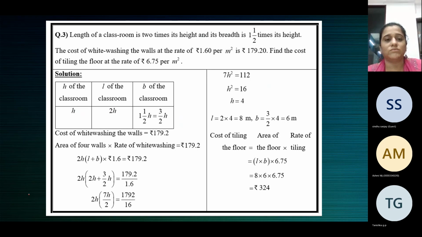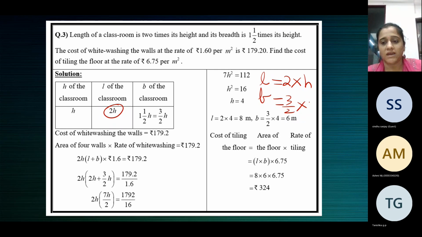Length of a classroom is 2 times, meaning multiplication, its height. So L is equal to 2H. Breadth is 1.5, meaning 3 by 2, times, meaning multiplication, height. So 3 by 2H. H is H only. So we are done.